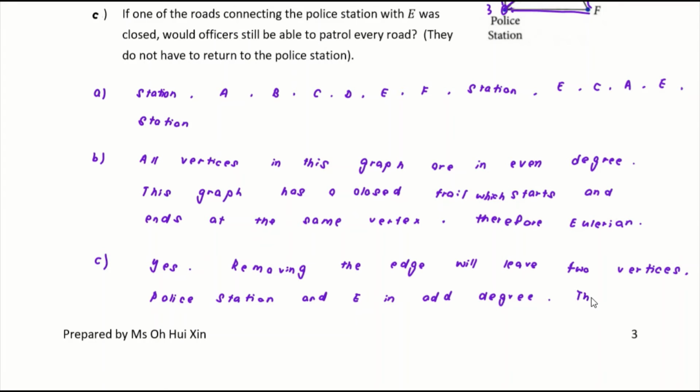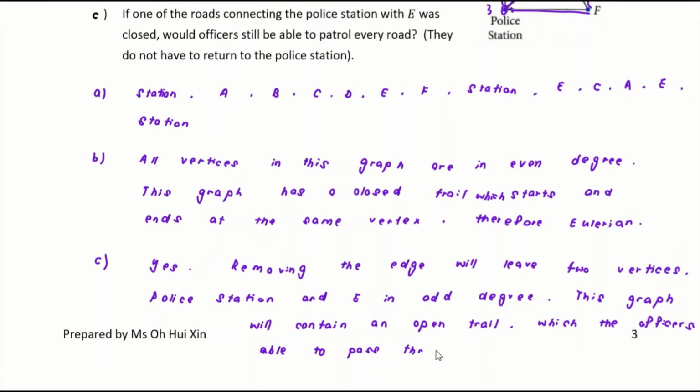So that's why this graph will contain an open trail, which the officer is able to pass through every edge with different starting and ending vertices. Alright, so that's the idea.